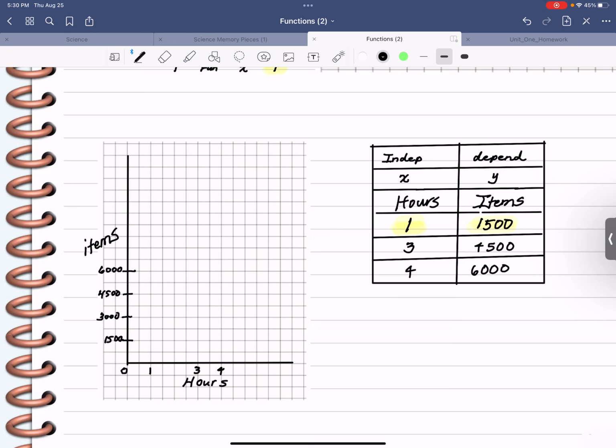So at 1 hour, this company's producing 1,500. Now it could be because they have more workers, or they may have better workers. We don't know about 2, but we know that 3 is at 4,500. And we know that 4 is at 6,000.